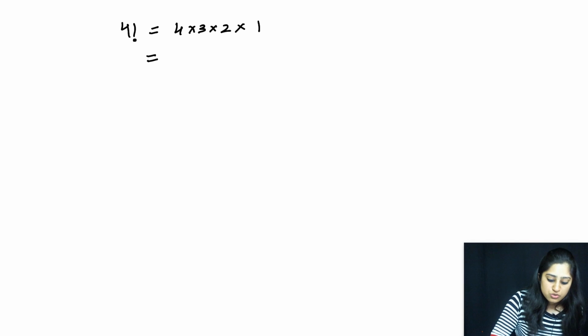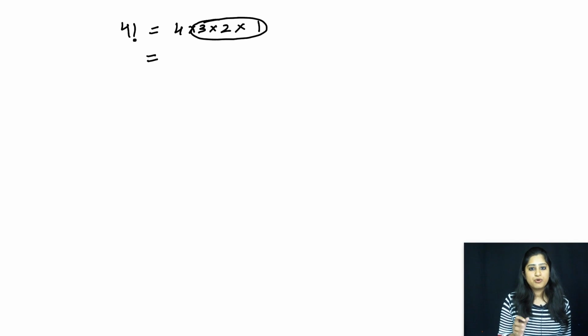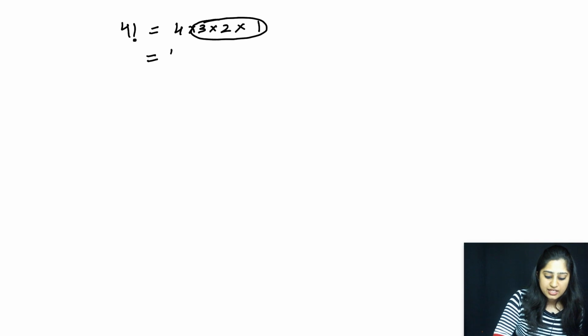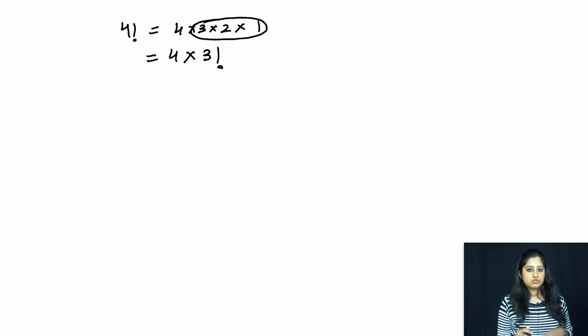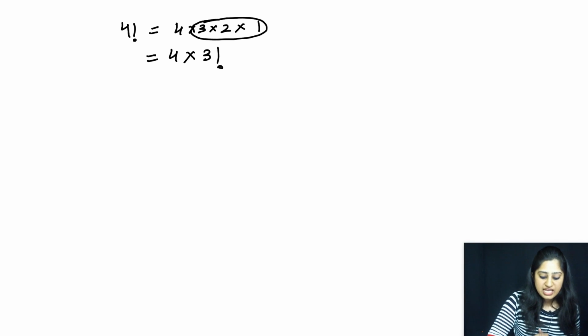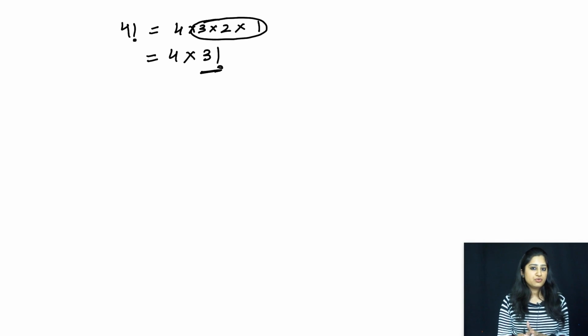If we talk about this product portion, I can write it like this: 4 factorial is 4 into 3 factorial. Which means if I have the answer to 3 factorial, I will be able to calculate 4 factorial.